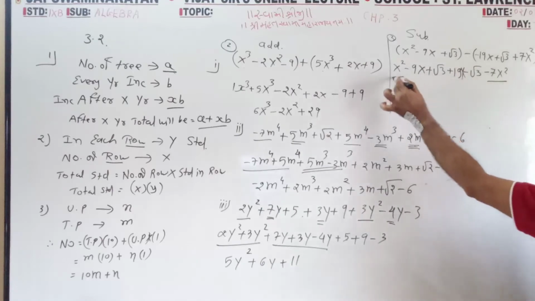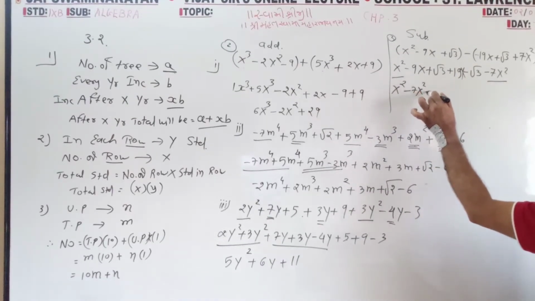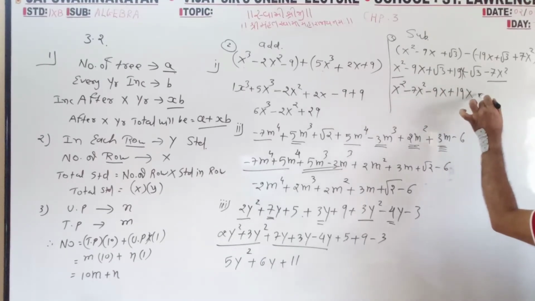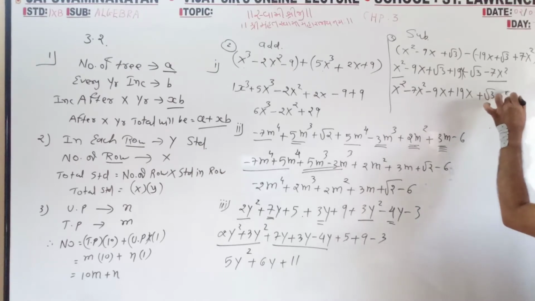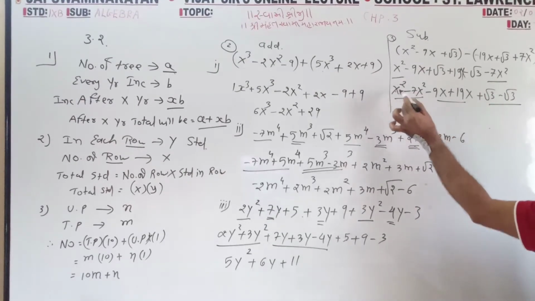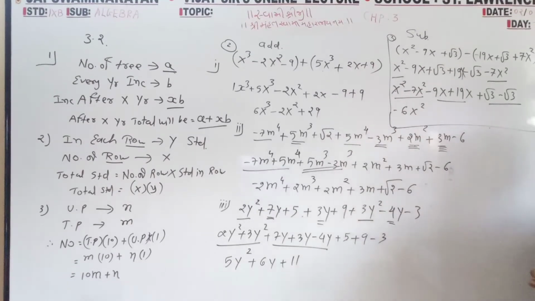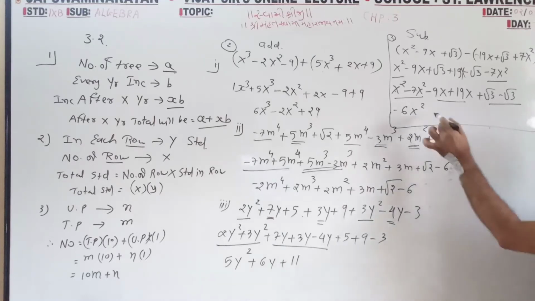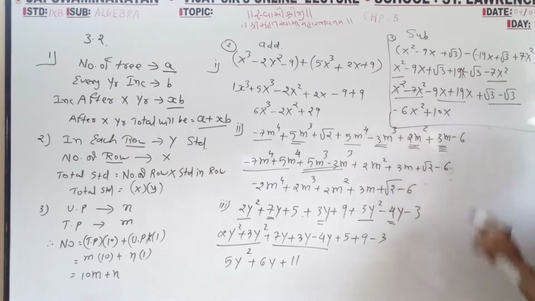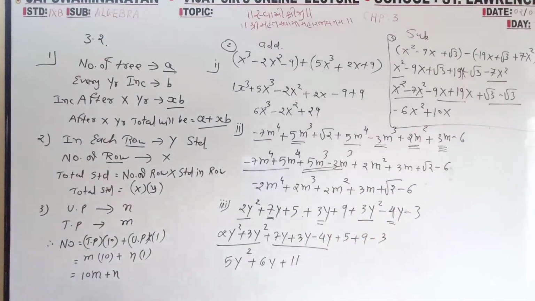Now collect same powers: x square minus 7x square, minus 9x plus 19x, plus root 3 minus root 3, 0. 7 minus 1, 6, taking the bigger figure's sign. 19 minus 9, 10. Root 3, 0, no need to write. So like that you can do subtraction.